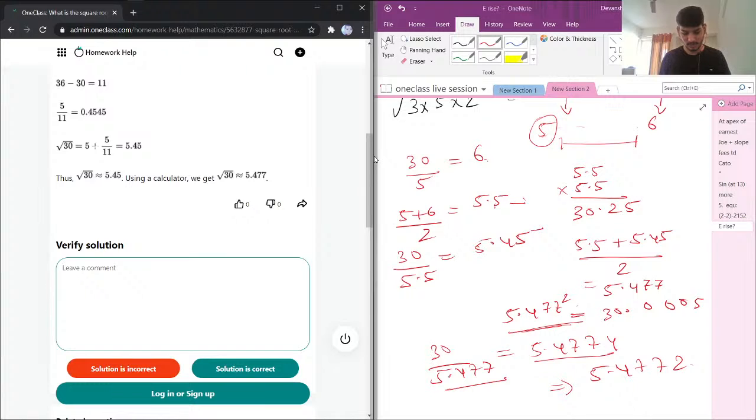Let's see what is the square of 5.45. It is 29.7025.